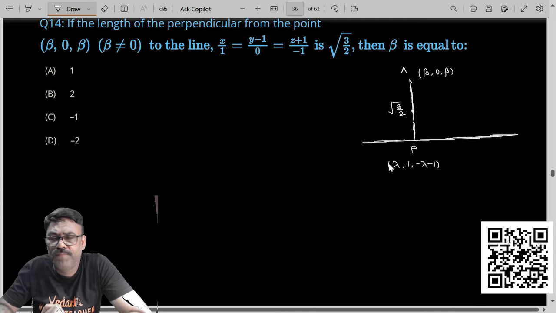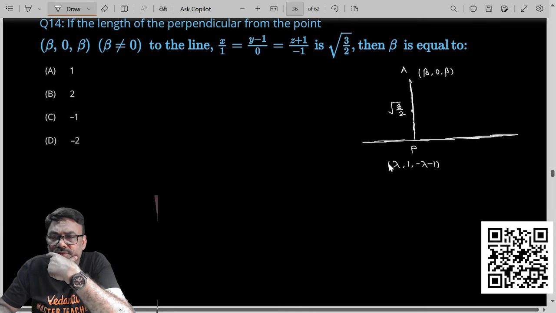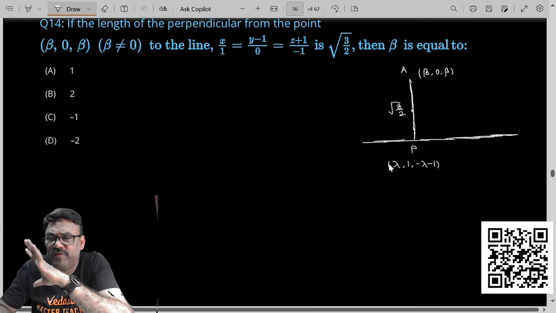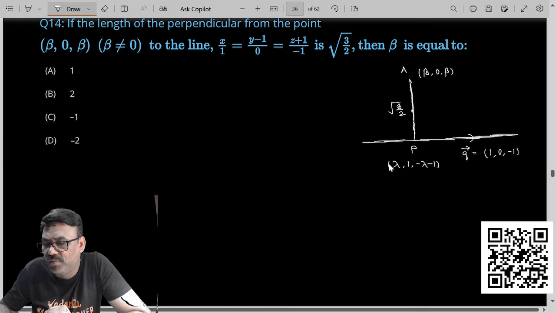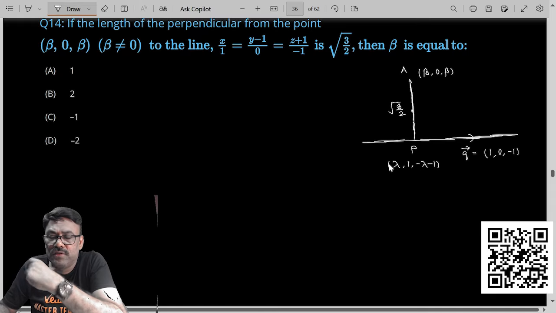This is point P. And you can see that the direction ratio of this line is 1, 0, minus 1. So I can choose a vector Q along this line as 1, 0, minus 1, or you can say the vector along this line is i plus 0 j minus k.